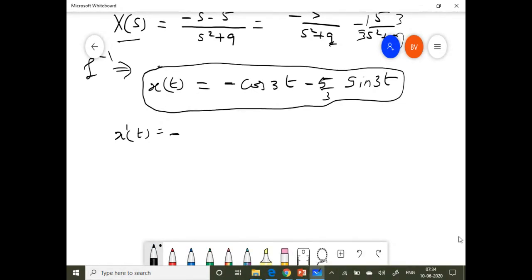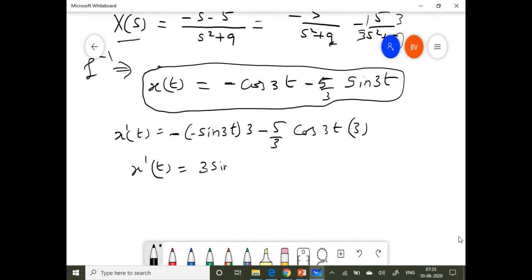There is a negative; cosine 3t gives minus sine 3t times 3. And minus 5 over 3: when you differentiate sine 3t, it is cosine 3t times 3. So what is x prime of t? When you simplify, it will be 3 sine 3t minus 5 cosine 3t. This 3 and this 3 will be cancelled.